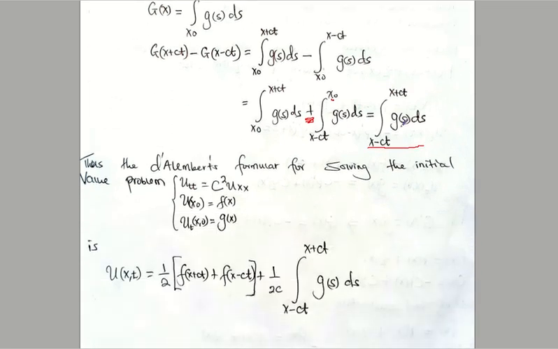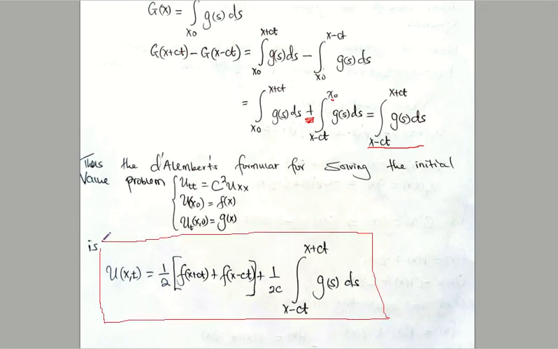When we replace it there, we obtain this function over here: u(x,t) equals 1 over 2 of f(x plus ct) plus f(x minus ct), plus 1 over 2c times the integral from x minus ct to x plus ct of g(s) ds, which is defined as D'Alembert's formula for solving the wave equation, an initial value problem.